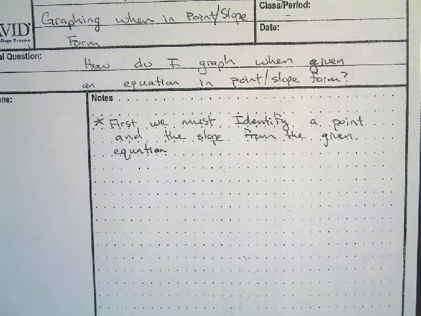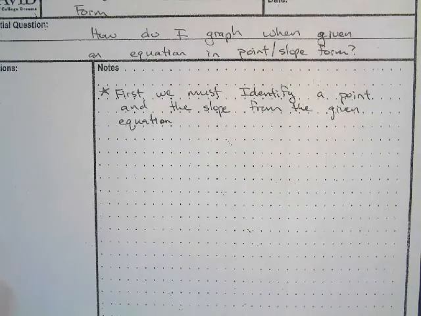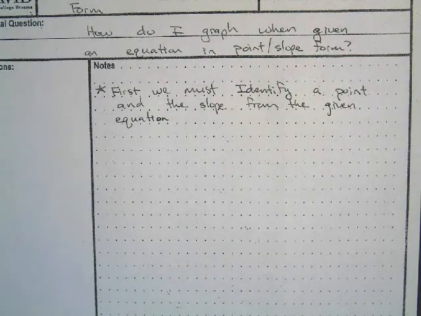So first we must identify a point and the slope from the given equation. That's the main idea behind this lesson, identifying these when looking at an equation. And then once we have our point and our slope, we can graph.